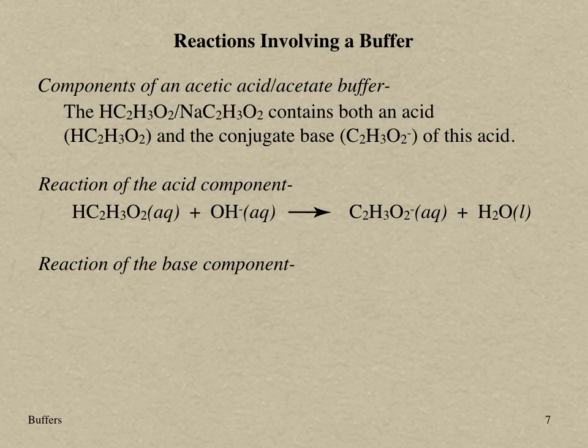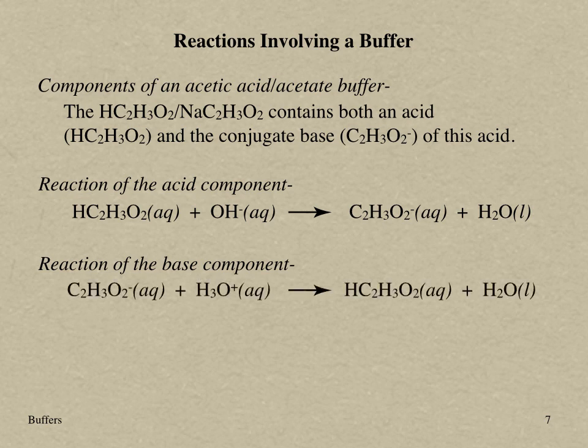If instead an acid were added, such as hydrochloric acid, the hydronium ion H3O+ would react with the base component of the buffer, acetate anion, to form acetic acid and water. Note that a buffer contains the components necessary to react with either an acid or base.